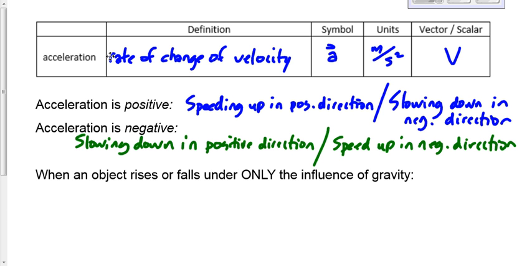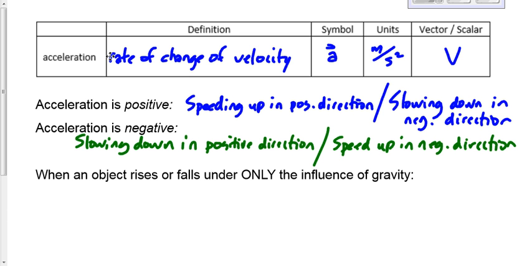There's a famous video of the astronauts that landed on the moon in 1969 dropping a hammer and dropping a feather right beside each other at the same time. Guess what? They both accelerated at exactly the same rate because there's no air resistance on the moon.